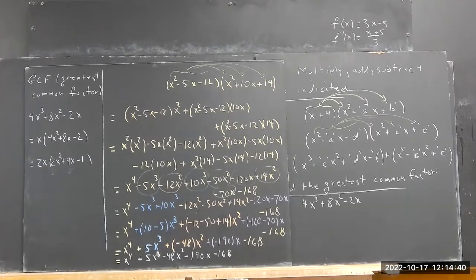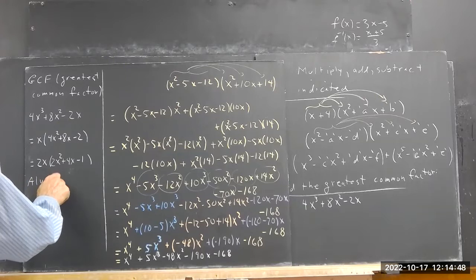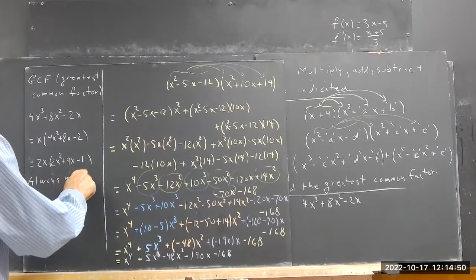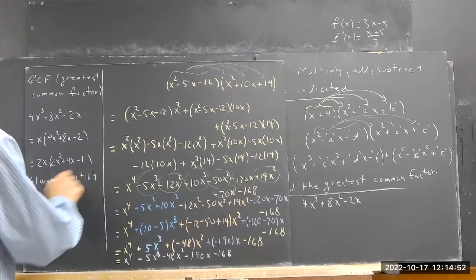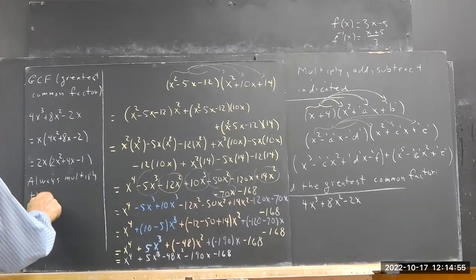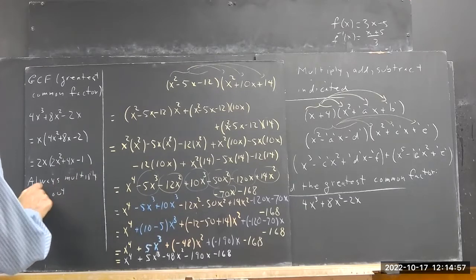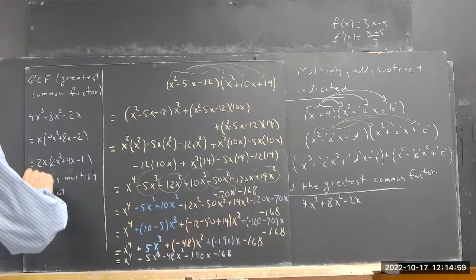Okay. So you check at the end, and you always need to check. Always multiply this out. Multiply this out.